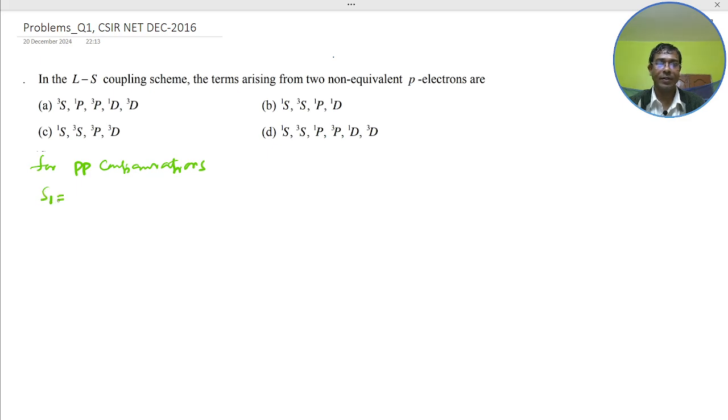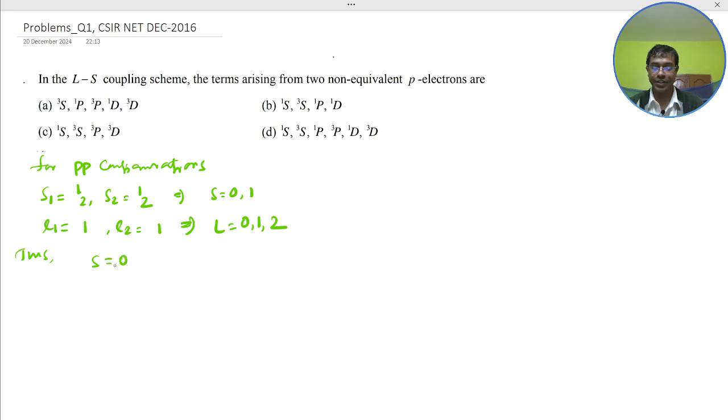S1 is half and S2 is half, so S is 0, 1. L1 is 1, L2 is 1, so L value is 0, 1, 2. Thus S0 L0, J would be 0, this term is 1S0 or 1S.